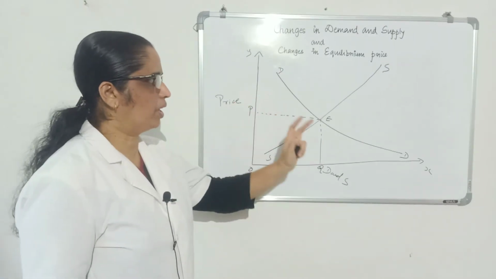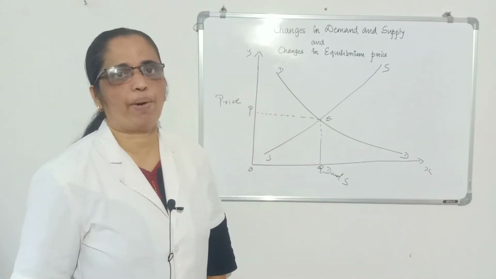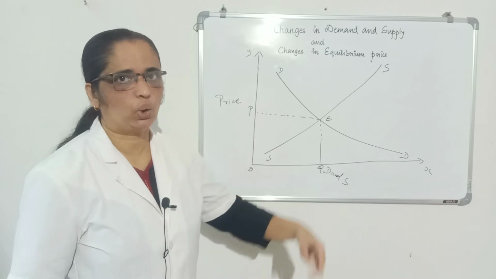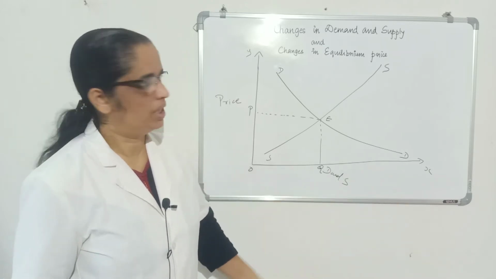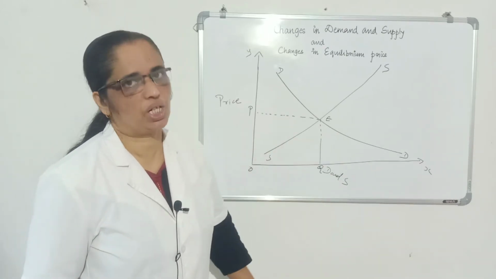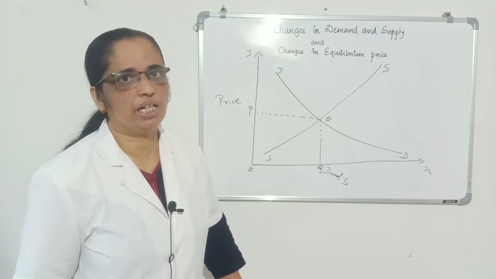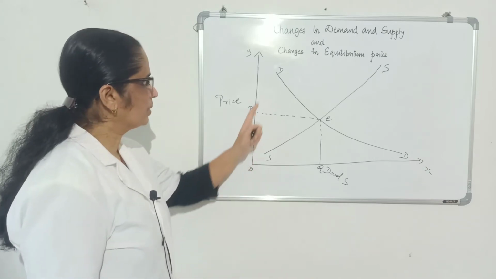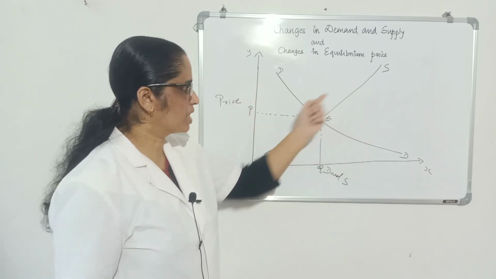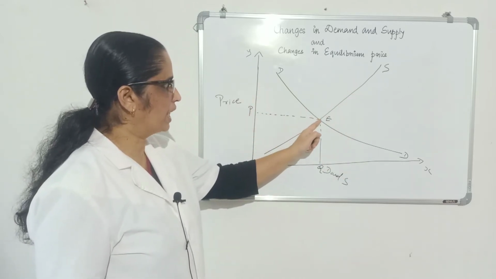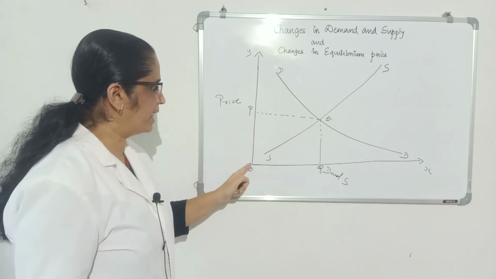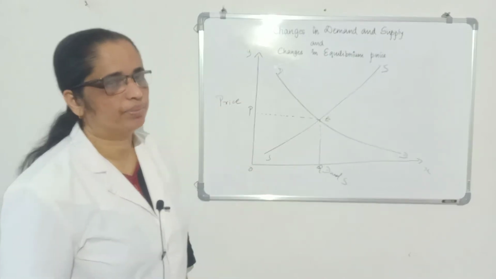Suppose supply shifts either to the right or to the left, demand held constant. Analyze its impact on equilibrium price and quantity. Initial demand curve, supply curve, the initial equilibrium, initial price and initial quantity.